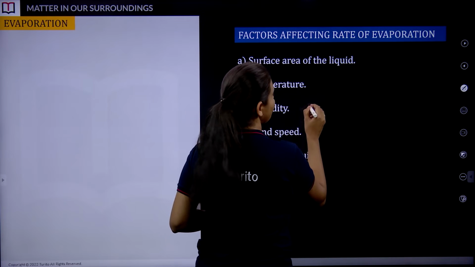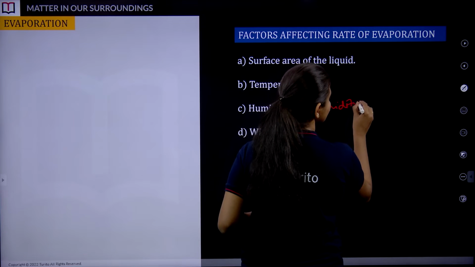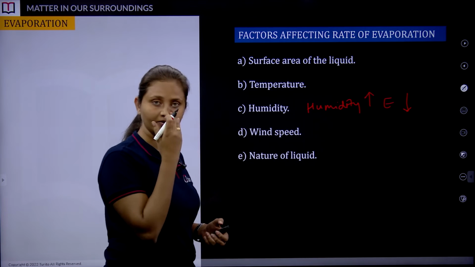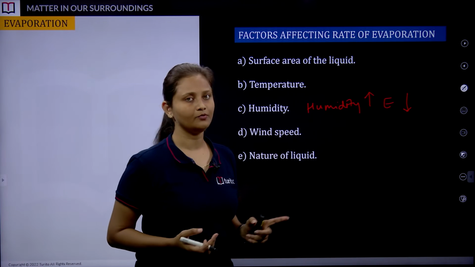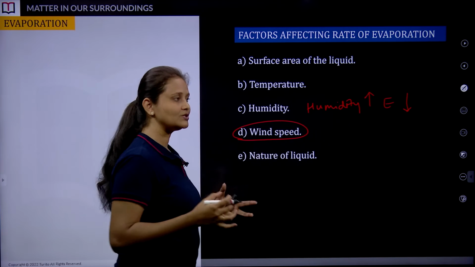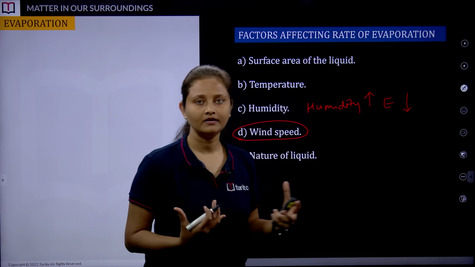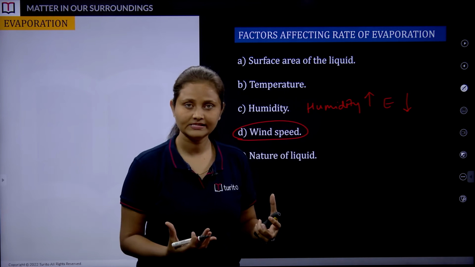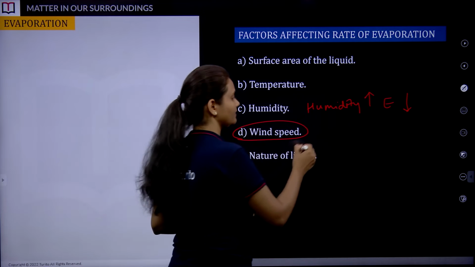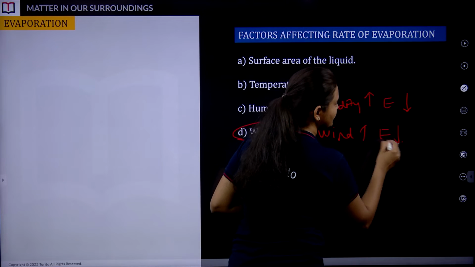So here I am writing: if humidity is more, evaporation is lesser, or the rate of evaporation is going to decrease. It's inversely proportional. Wind speed, of course: when we increase wind speed, you must have seen that whenever there is wind, clothes dry faster. This is the reason again, the rate of evaporation increases.